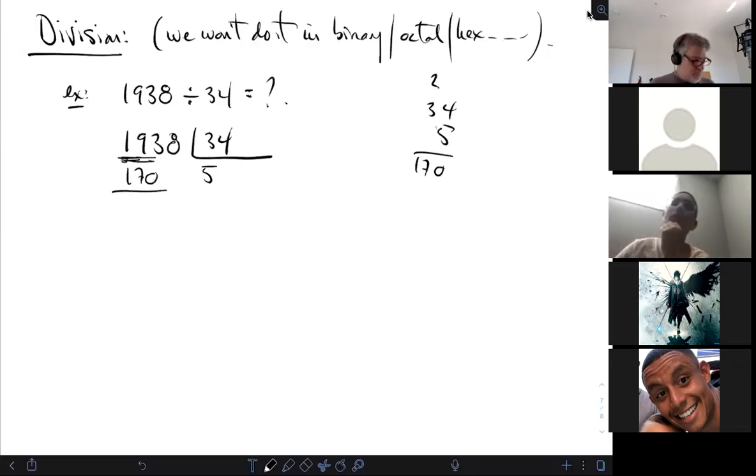You subtract, so that's 23, okay? And then you bring down your next digit, 238. So now you have to figure out how many times does 34 go into 238, which is, let's see, if I try 6, that's probably too small. 7 looks maybe reasonable. 7 times 34. 4 times 7 is 28. 3 times 7 is 21, 23.